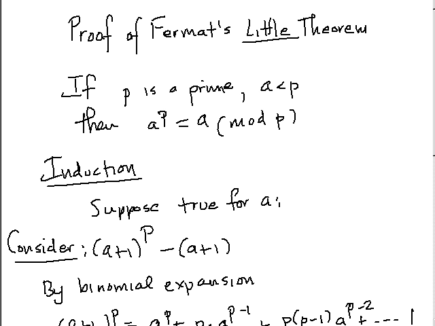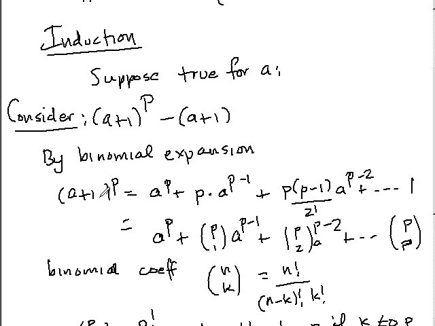Excuse me, that should be a minus 1. If you look back on that, that's equal to (a plus 1) raised to the power p minus a to the p minus 1 is (p over 1), or the binomial coefficient (p choose 1), a to the p minus 1.